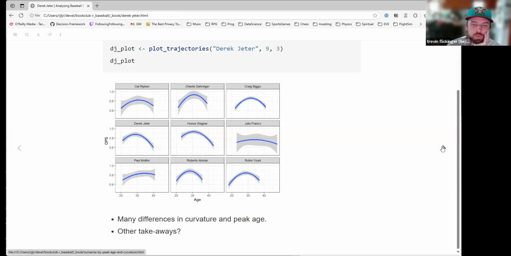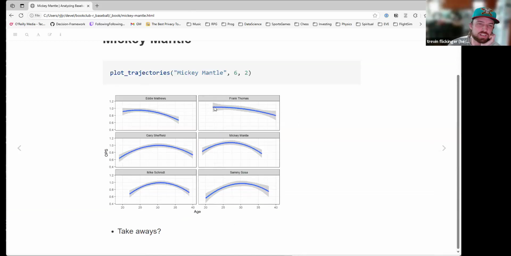The other one that was interesting, I think, was Frank Thomas on the previous plot. It was just early, and then straight downward. When did he play? He was 90s and early 2000s.